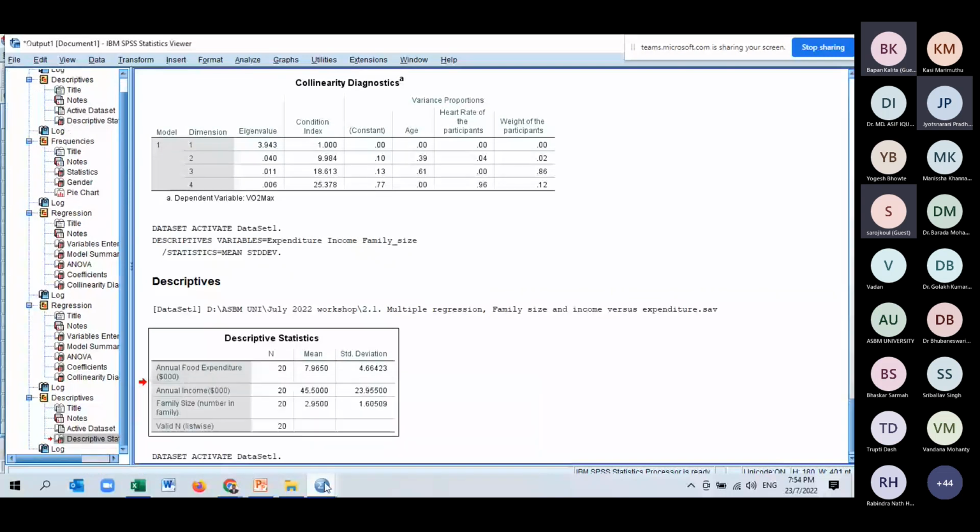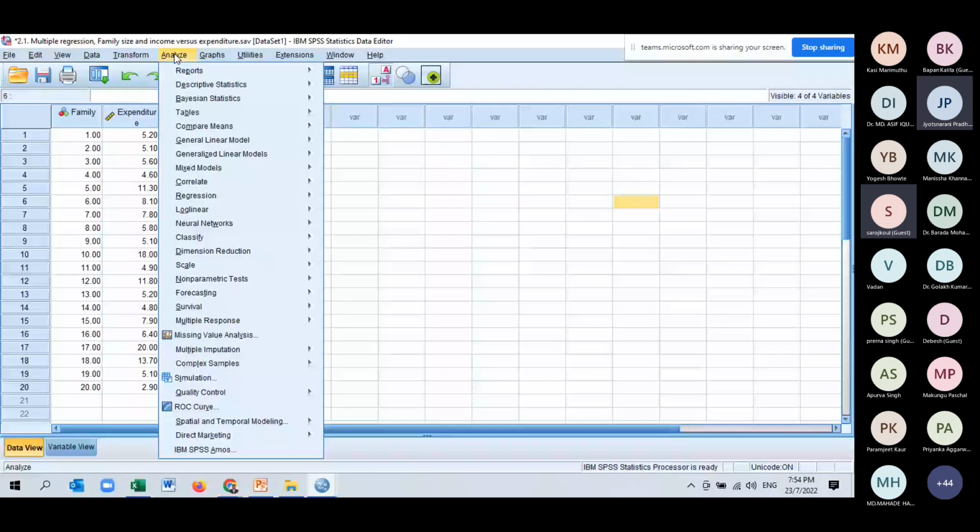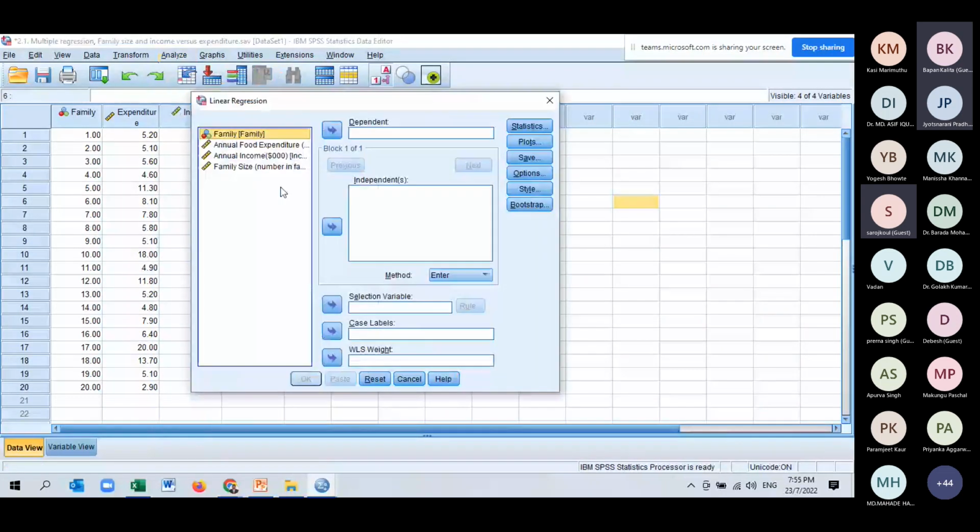Done, sir. Oh, fantastic, very fast. Go to Analyze, Regression, Linear. We are going to predict the expenditure from income and family size.